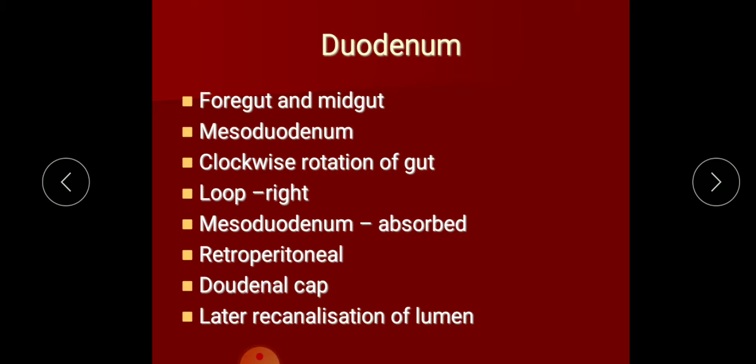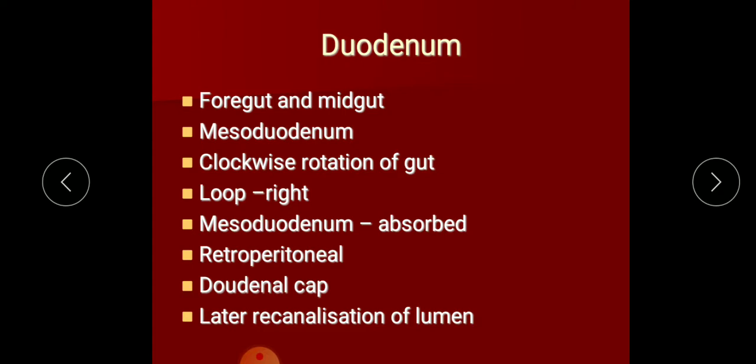Initially you have the mesoduodenum developing, then a clockwise rotation of the gut along with the rotation of stomach. Initially that loop was projecting ventrally. Now that loop gets rotated towards the right, and the mesoduodenum gets absorbed and becomes retroperitoneal except the first 1 to 2 centimeter of the first part, and that is the reason why you often visualize that region as the duodenal cap in a radiograph.